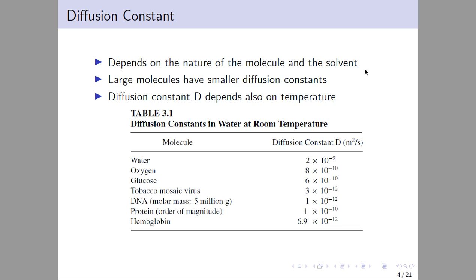Here we can see that a large molecule has a smaller diffusion constant. Logical, right?